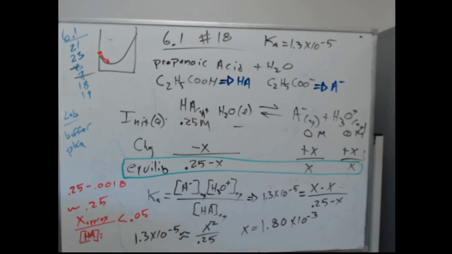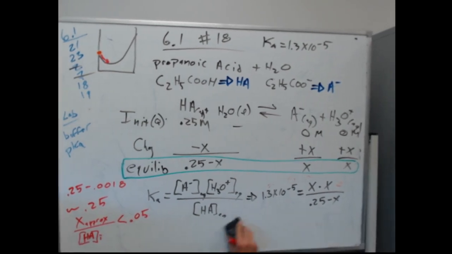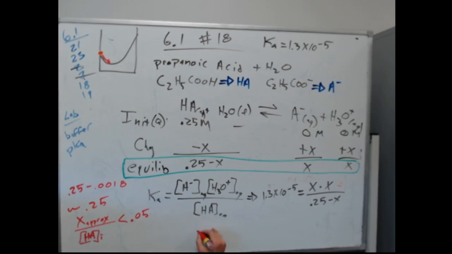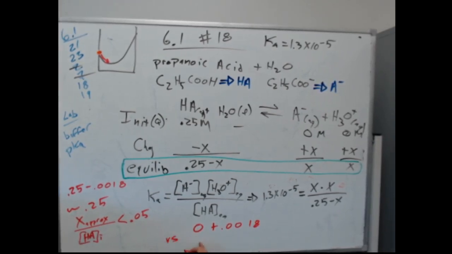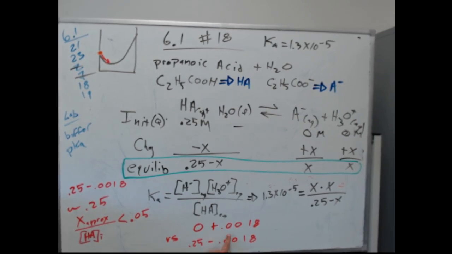We all agree to this answer? Great. So it becomes this comparative idea of 0 plus 0.0018 versus 0.25 minus 0.0018. So is 0.0018 big or small compared to 0? Big.